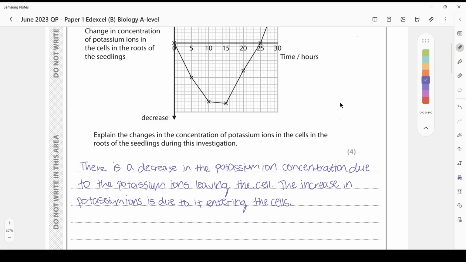Then we need to talk about what kind of processes occur for these things to happen.